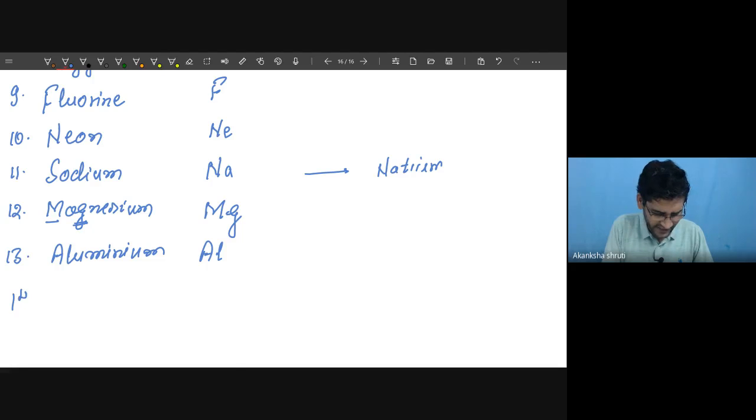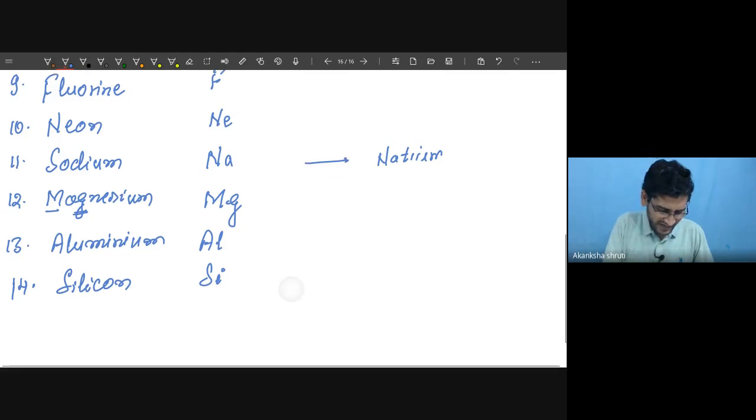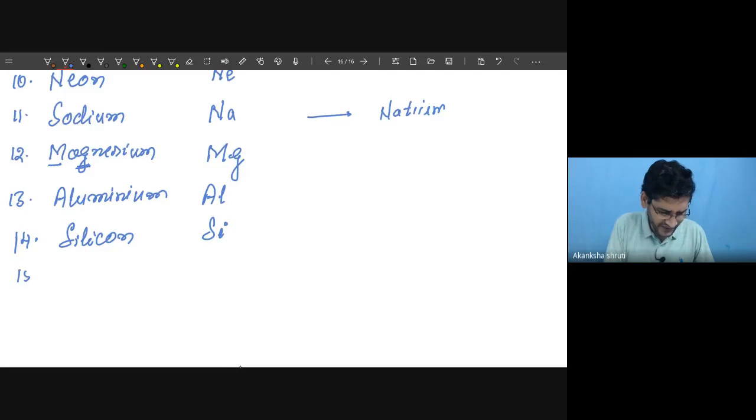The 14th one, silicon. The symbol is S, I. The 15th one is phosphorus. The symbol is P. The 16th one, sulfur.